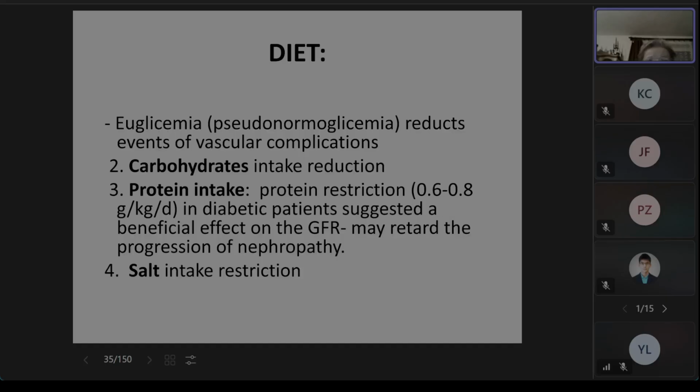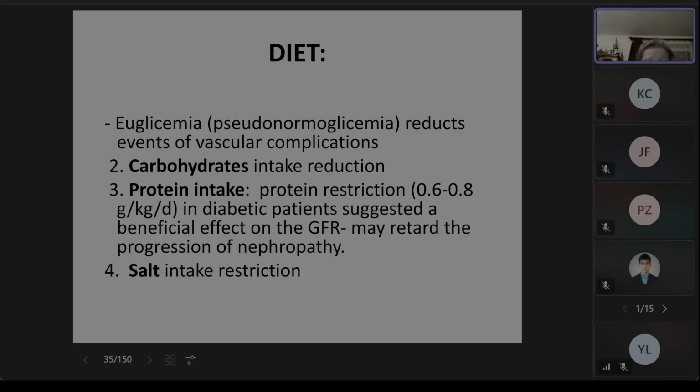In 2004 in the United States, the group of nephrologists and dietitians described some rules as regards reducing protein intake in patients suffering from chronic kidney disease.